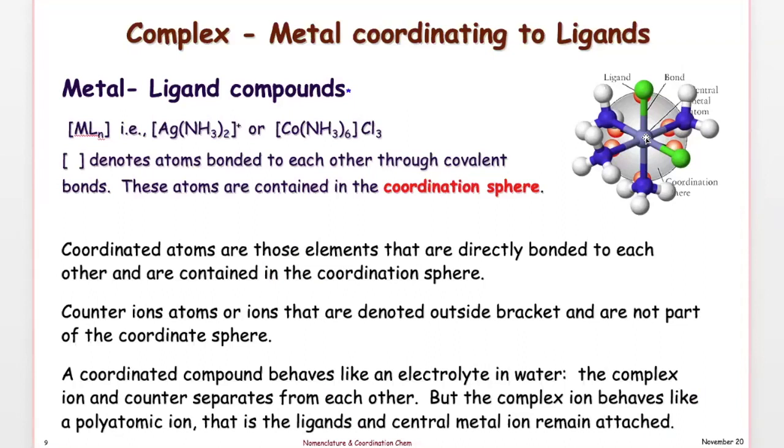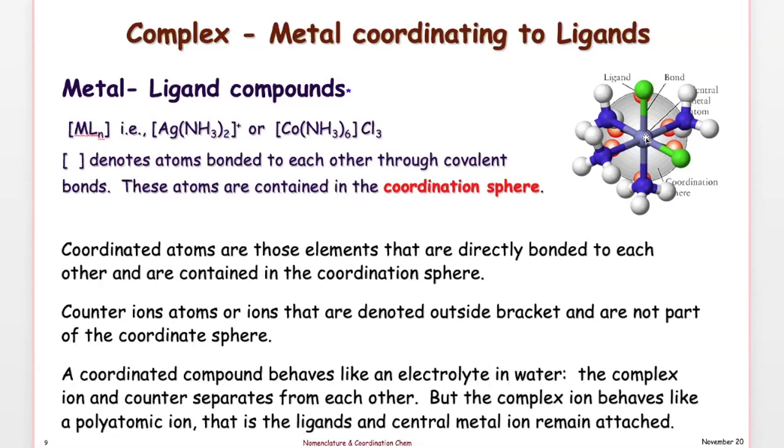When you did experiment number 6, once you put ethylenediamine and substituted it for water, the ethylenediamine was within the coordination sphere. Depending on what salt you had, some of the waters were within the coordination sphere, some of the waters were outside the coordination sphere, because they weren't directly bonded to the metal.